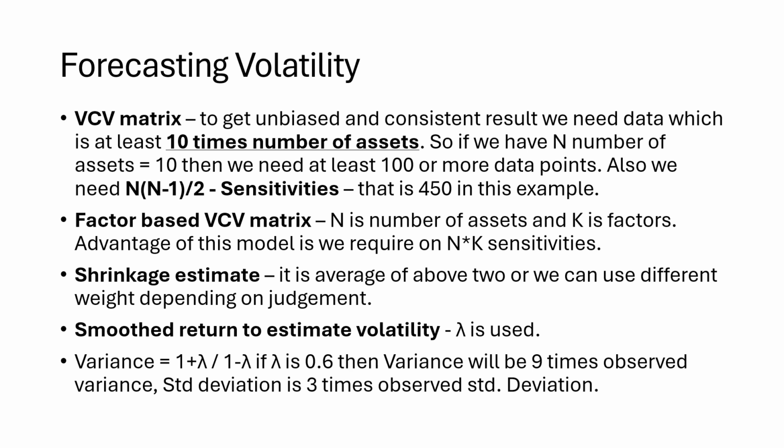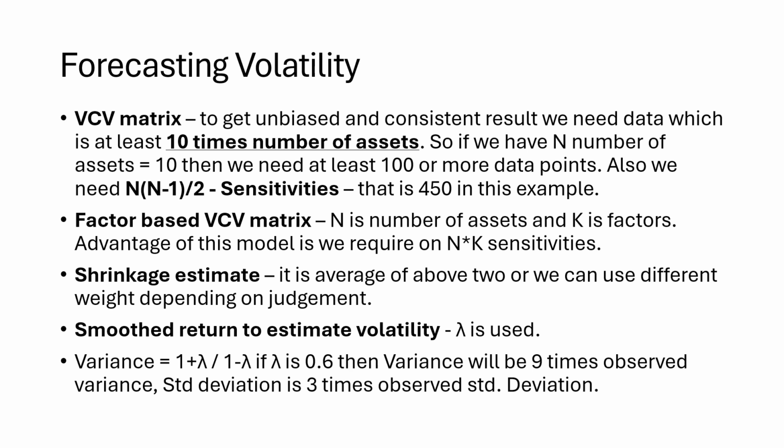So, again, only n multiplied by k. So for example, if I have 10 number of assets and I have 5 factors, then I'm going to use only 10 into 5, 50 sensitivities. Instead of 450 sensitivities in the VCV matrix, I'm going to need only 45 sensitivities.